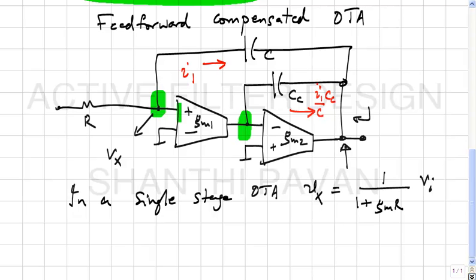Does it make sense? All right. Now, where does this I1 times Cc by C, where must it be coming from? It must be coming from GM1, correct? All right. So, what must this voltage be?